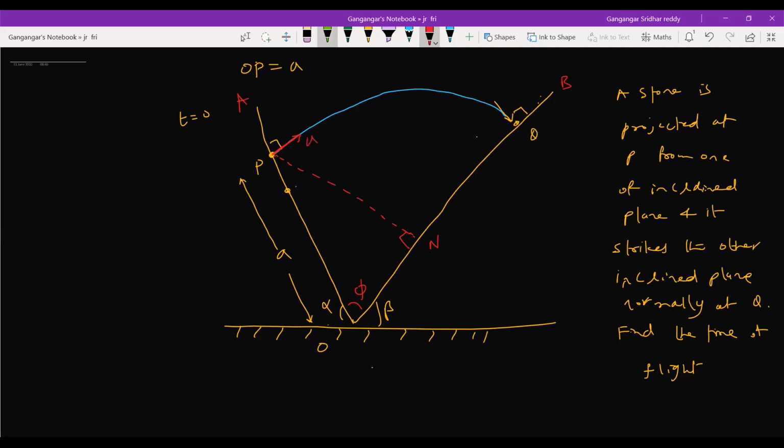We'll resolve this. One component will be, if this angle is phi, this will be 90 minus phi. Try to see the mathematics. It'll be very easy for you once you get this. If this is 90 minus phi, this should be phi.